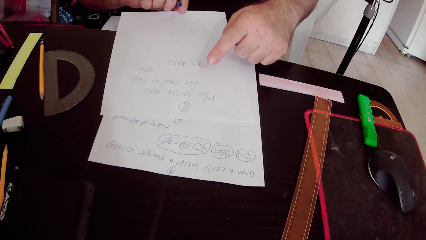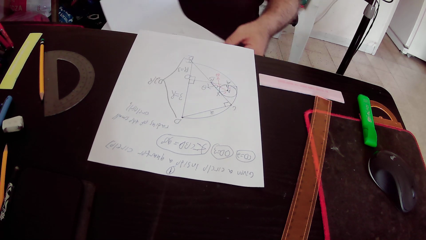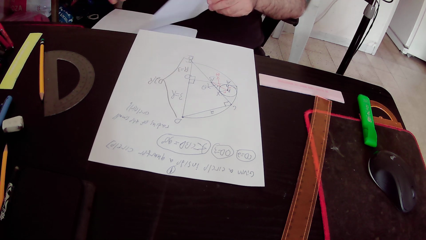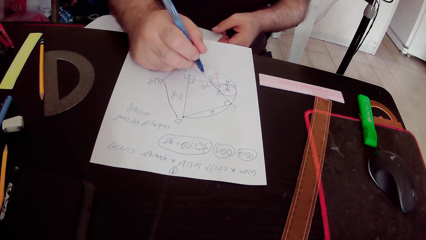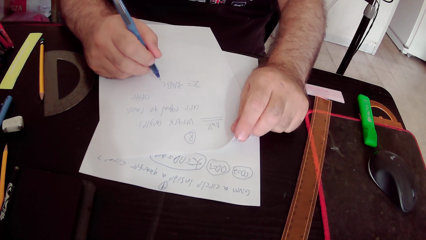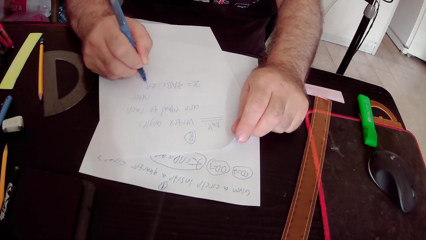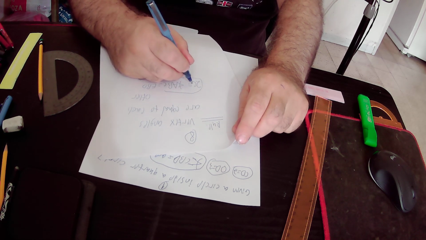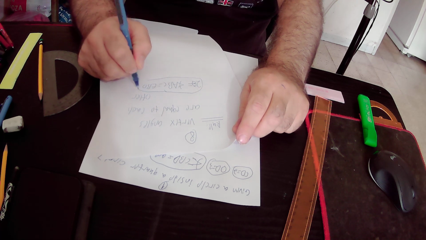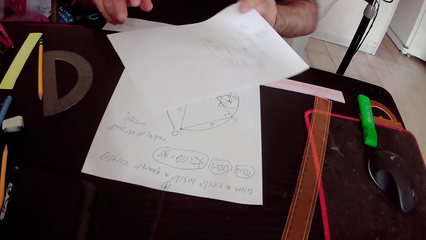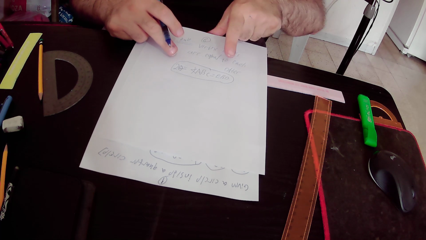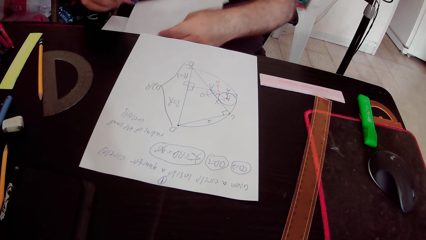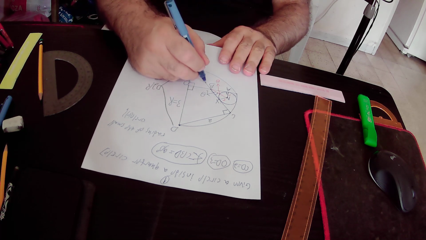And according to the rule that vertex angles are equal to each other, it also equals angle EBO. So from this equality, we can derive that angle EBO also equals 2 theta.